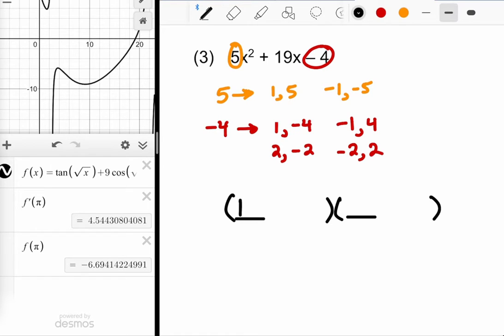But I'll do 1 and 5. 1x, 5x. It will work if you go with the negative 1, negative 5. All right? It's just the values that make up the rest of each binomial will be different. But you'll still get an appropriate product.